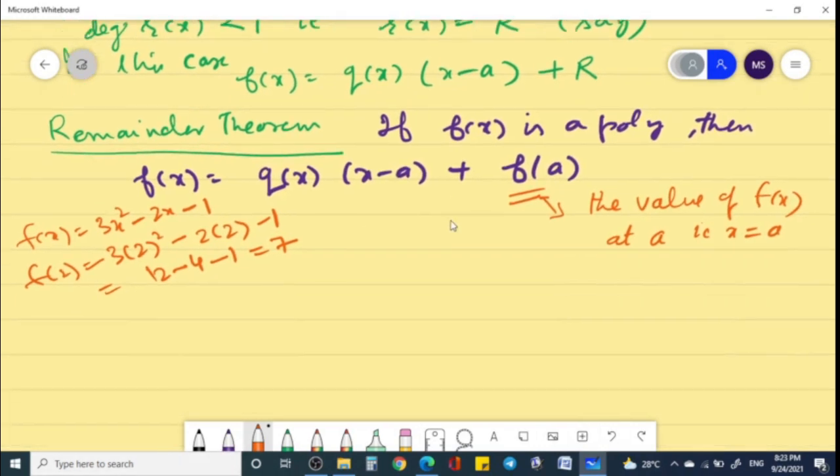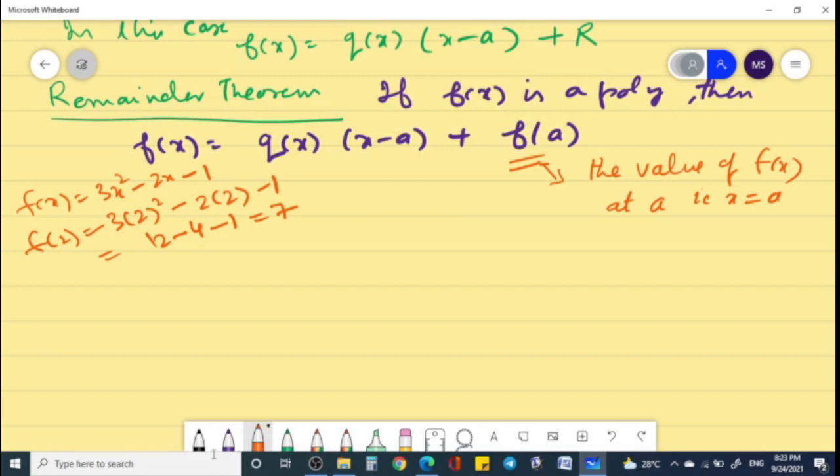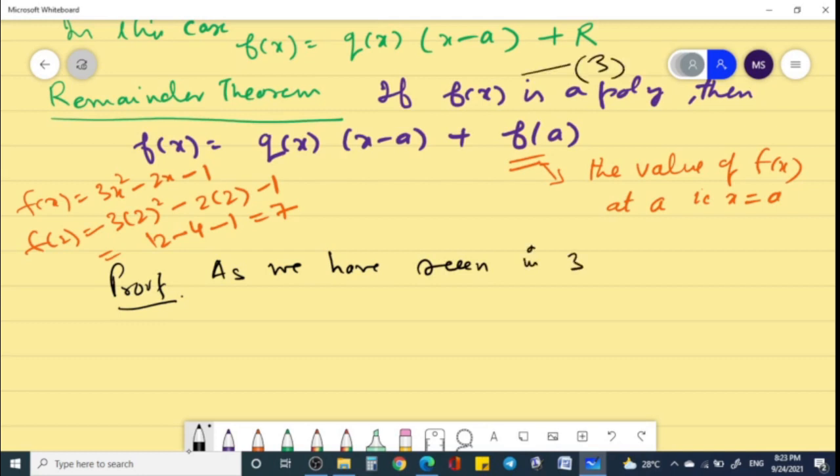So we can prove this fact easily. Proof: as we have seen, f(x) is q(x) times (x minus a) plus r, where r is nonzero as we have taken already, or maybe 0 according to this choice.